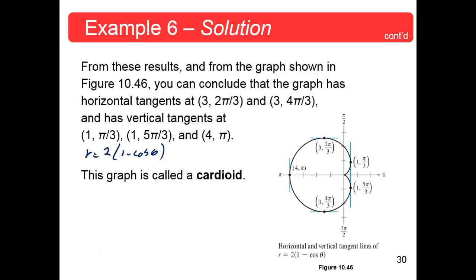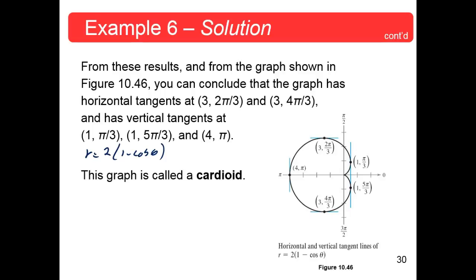Do the same thing here. Cosine of 4/3 pi is again negative 1/2. So that comes out the same. Okay. Do the same thing here where theta equals pi thirds.